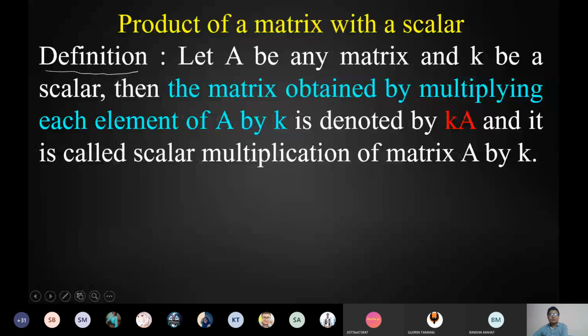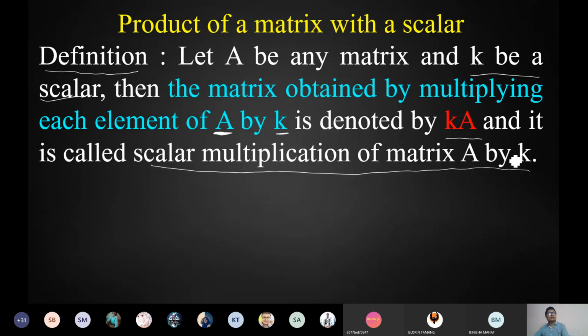Then the matrix obtained by multiplying each element of A by k is denoted by kA, small k and A. Here k is any scalar. k is a scalar, and it is called the scalar multiplication of matrix A by k. Please copy it fast.